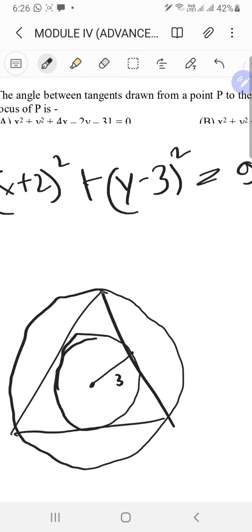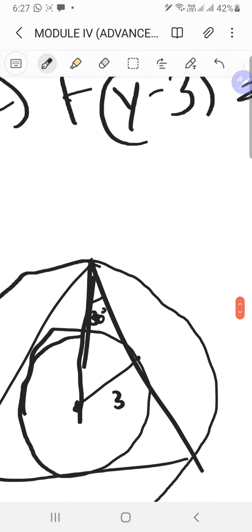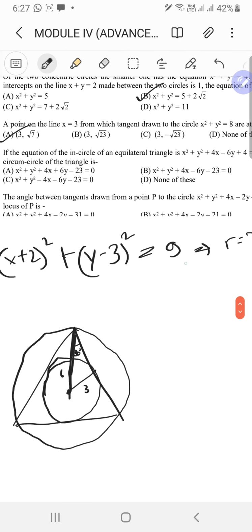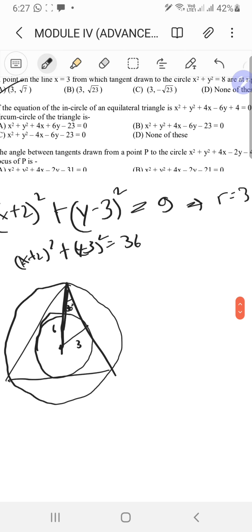But we know that this is the radius and this angle is 30 degrees. Sine of 30 degrees is 1/2, so this radius actually has to be 6. So instead of 9 over here, you will have 36. So x plus 2 squared plus y minus 3 squared equal to 6 squared, which is 36. That's going to be the equation which we need.